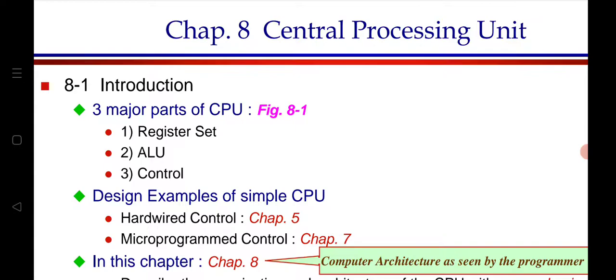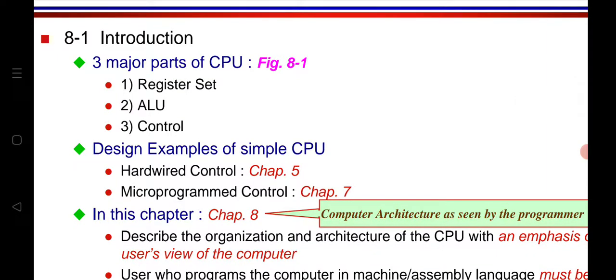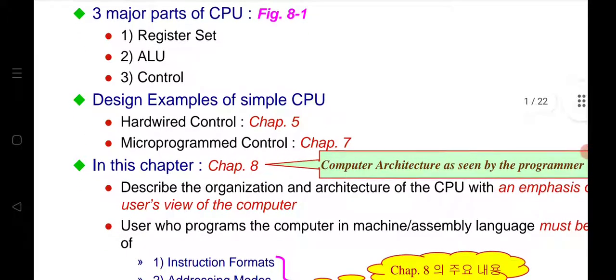We will study the register set in depth, the ALU in depth, and the control unit in depth. Next we will deal with design examples of a simple CPU, having already come across the hardwired control unit and microprogram control unit in our second unit.